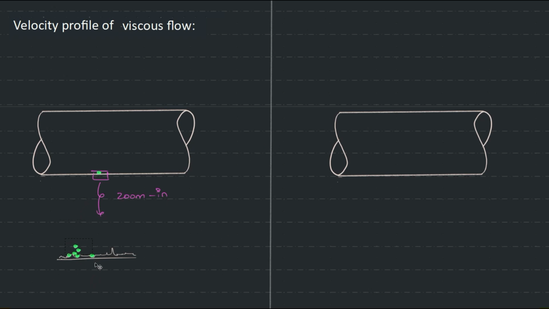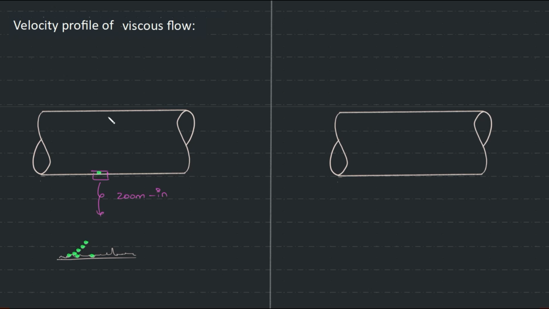It's not actually at rest, it's not stuck, but it is slowing down. It will have a slowing down effect for the next particle also, but the effect will not be so much. It will not resist that much. Each layer, there is some kind of slowing down as an effect.